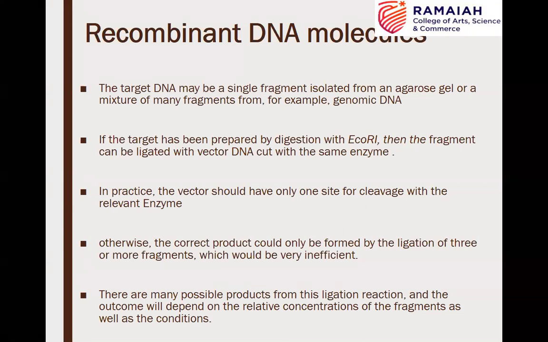See, the linearized vector can recircularize without the incorporation of the target DNA. That means the religation of the original plasmid will be formed without the incorporation of the target DNA. That could be one product, and two target fragments can be ligated with each other, which will be of no use, right? So these are all the side products or side reactions that can take place during the ligation reaction.